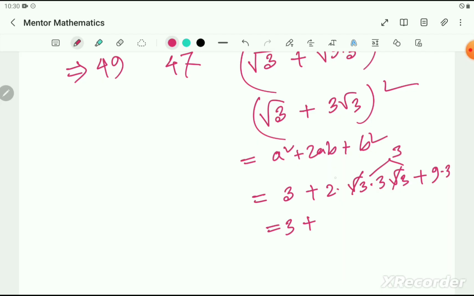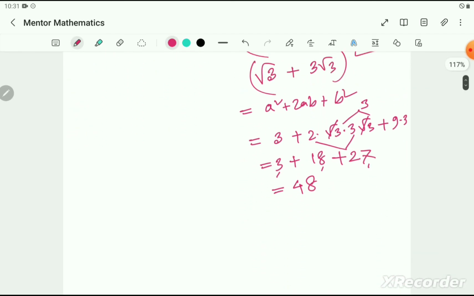Therefore 2 times this 3 is 6, and multiply with 3 is 18, plus 9 times 3 is 27. So it becomes 48. Is that correct? 8 and 7 is 15, and 3 is 18. Yes, it's 48.